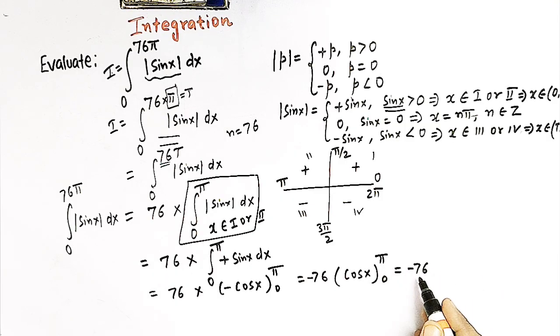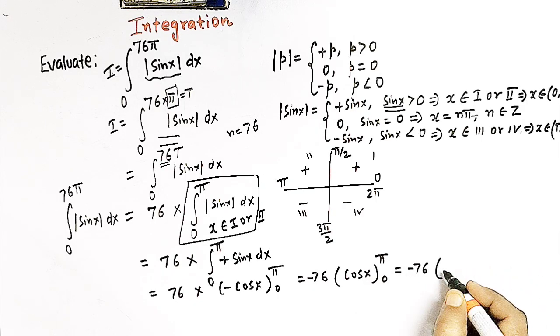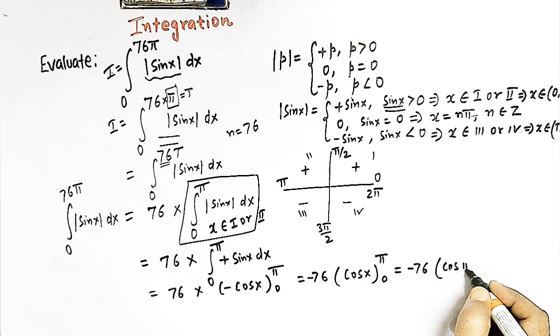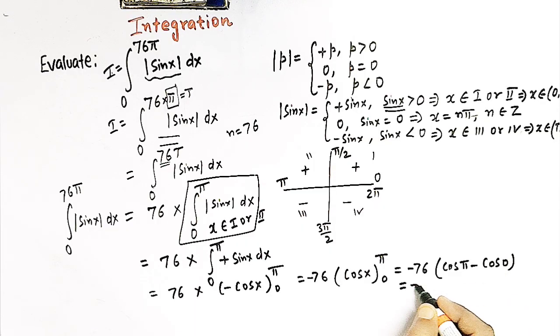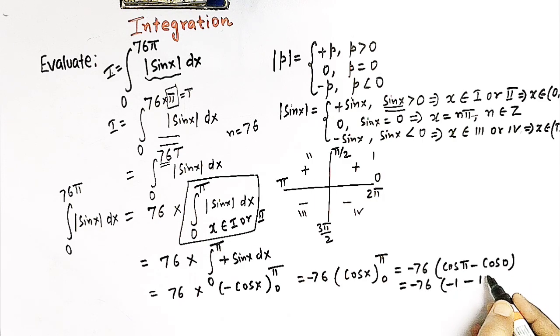So we have minus 76, and here we can first substitute pi for x and then 0 for x, and we'll take the difference. So we have cos pi minus cos 0. So we can now write minus 76, and here cosine pi is minus 1, cosine 0 is 1.